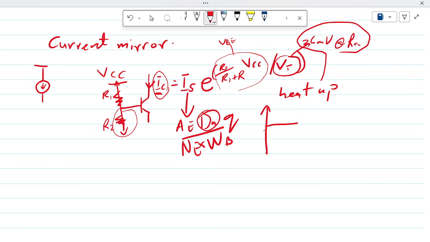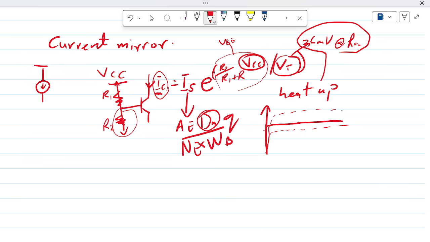So our current source might be operating at a temperature, then within some operating temperature the current will drop or raise, so that is not ideal.